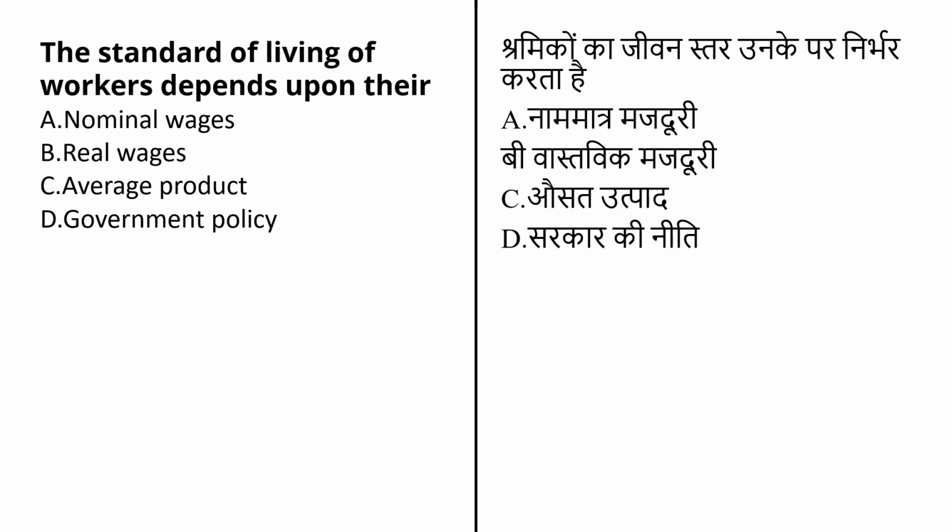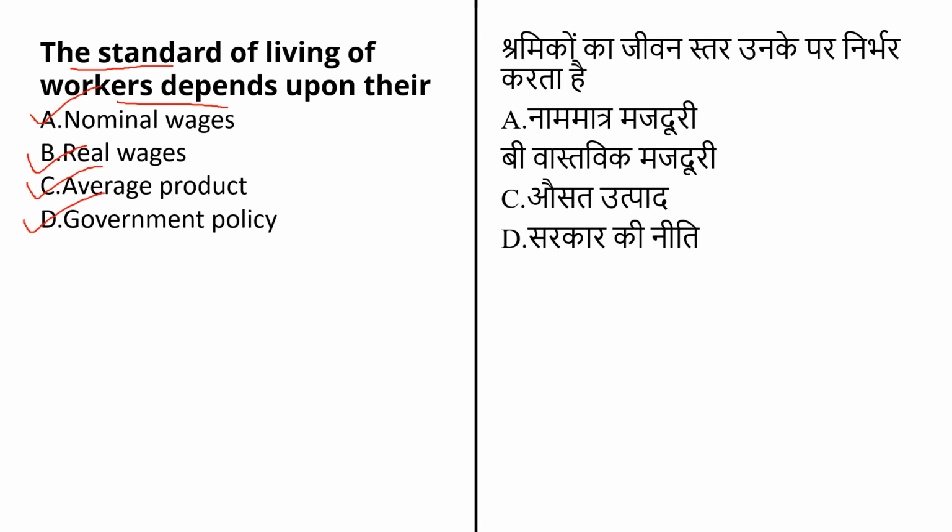The next question here is: the standard of living of the worker depends upon their, जो वर्कर्स की लिविंग स्टैंडर्ड होती है वो किस पर डिपेंड होती है, and the options given are nominal wages, second option is real wages, third option is average product, and last option is government policy.